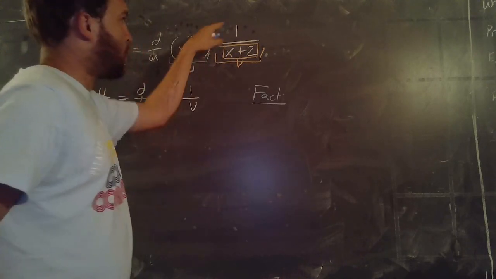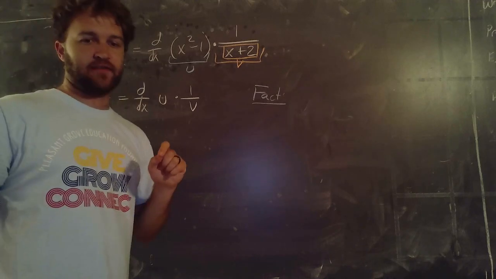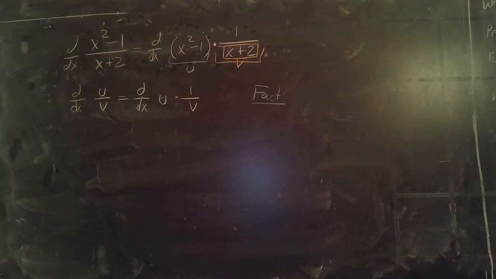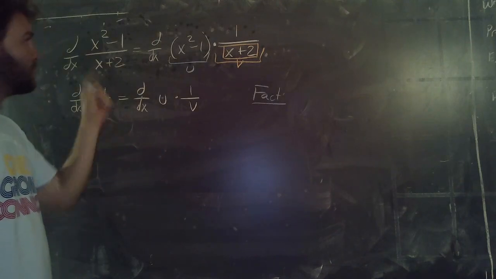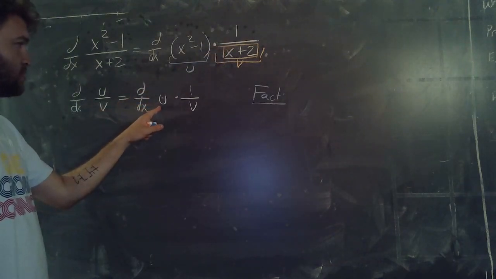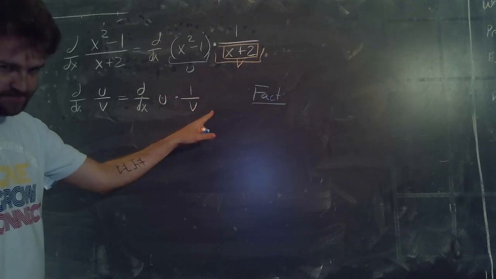So I'm not taking 1 over x plus 2 and calling it v. I'm taking the x plus 2 and calling it v. This allows us to rewrite this expression as the derivative of u over v, which, by the breakdown that we did here, is the derivative of u times the reciprocal of v.